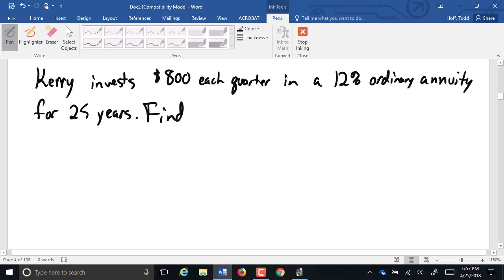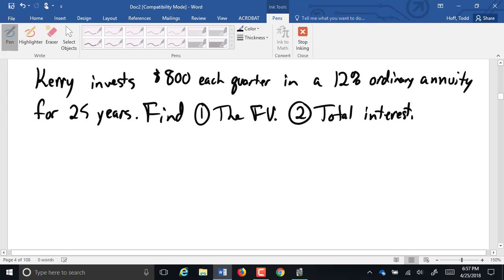Find the future value and total interest. Keyword here, by the way, just pointing it out so you don't miss it: ordinary annuity. I'll give you guys a couple minutes.